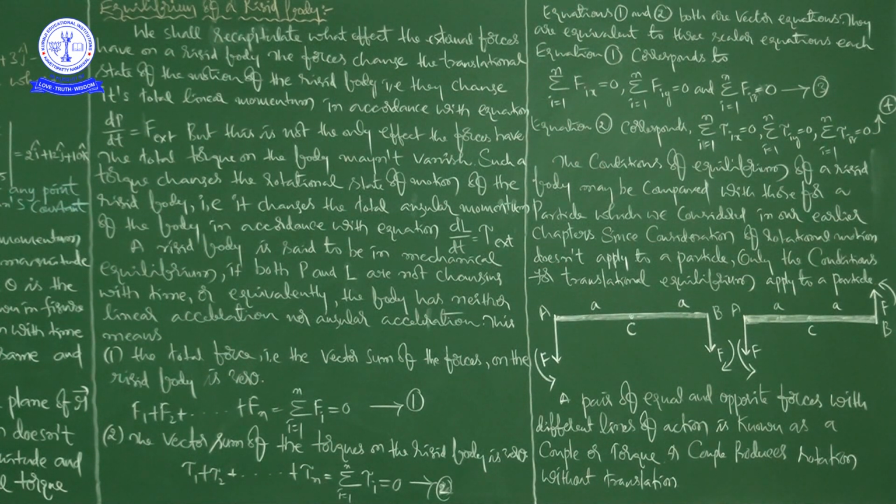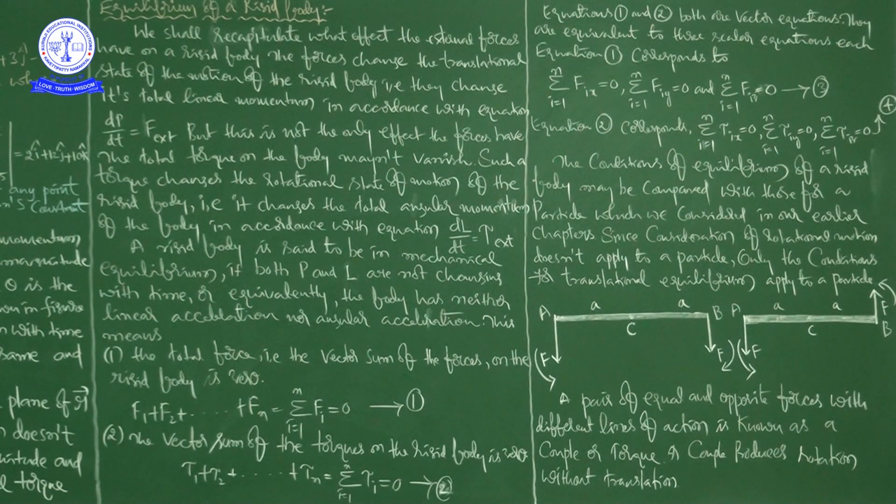So we have the same rod with two equal and opposite forces applied perpendicular to the rod, one at end A and another at end B. Here the moments of both forces are equal, but they are not opposite. They are separated by a certain distance, so they act in the same sense and cause anti-clockwise rotation of the rod, right?